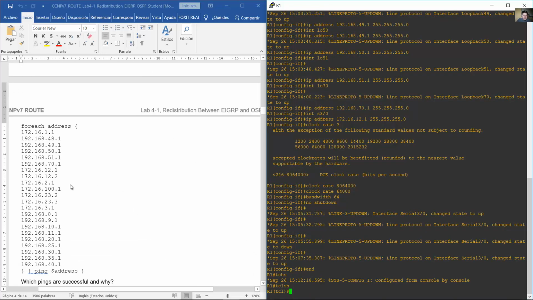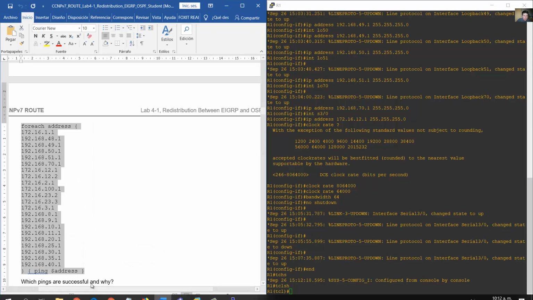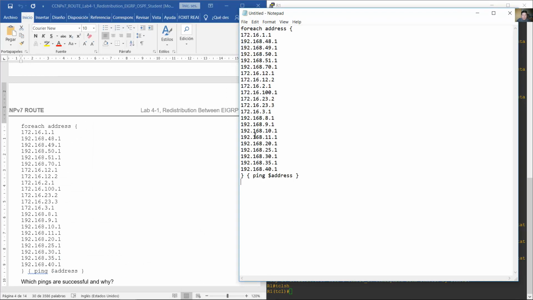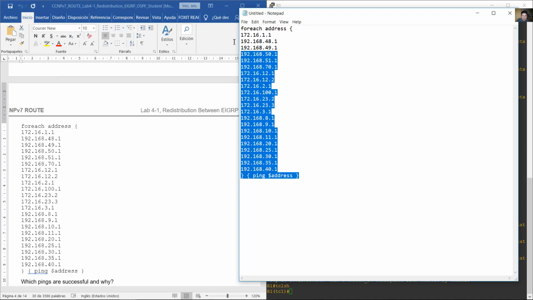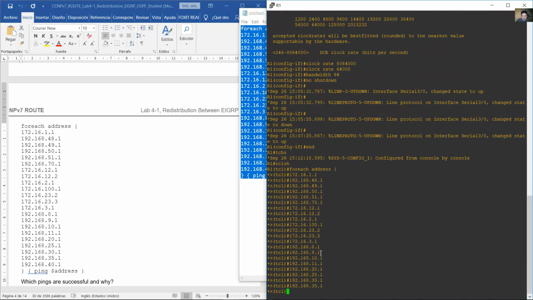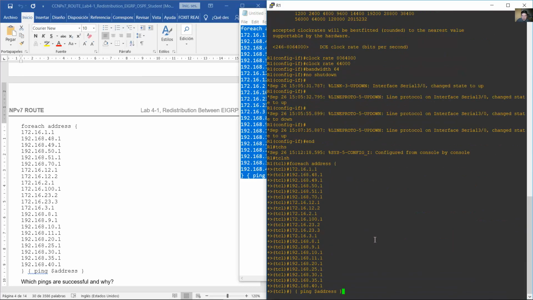Enter. Remember, the spaces are critical. Copy and right click to paste on the command line interface. Then press enter.